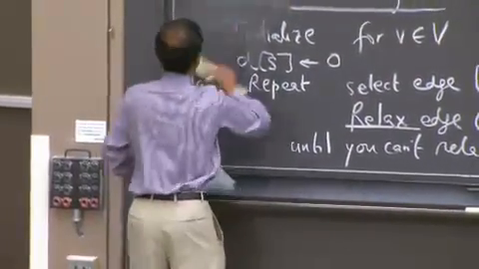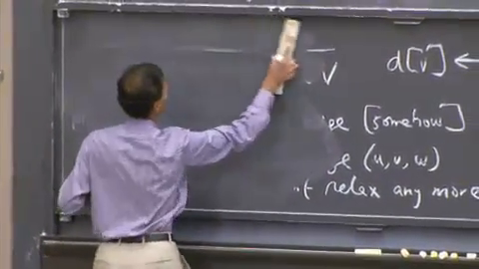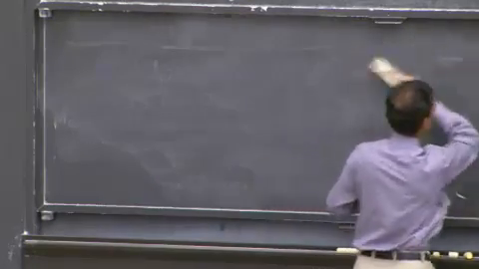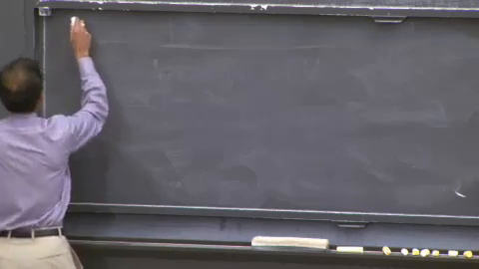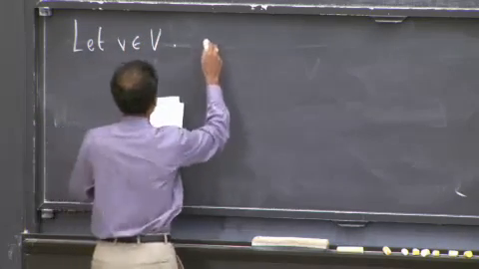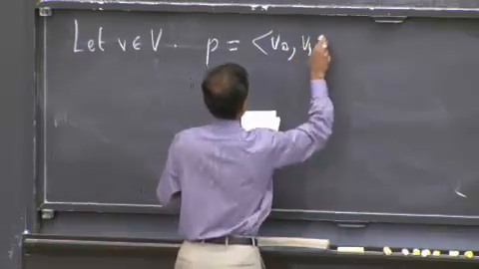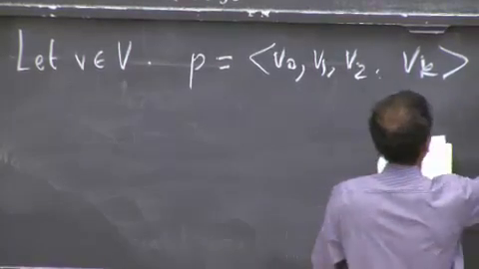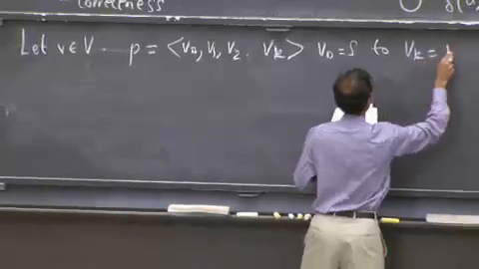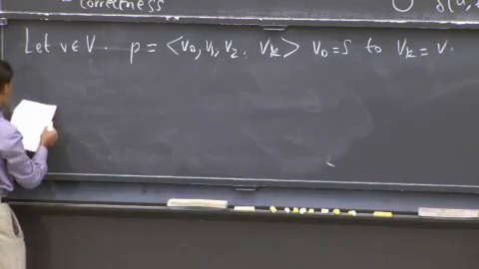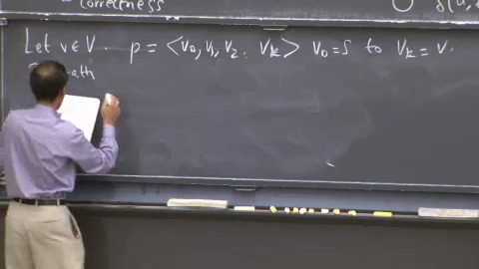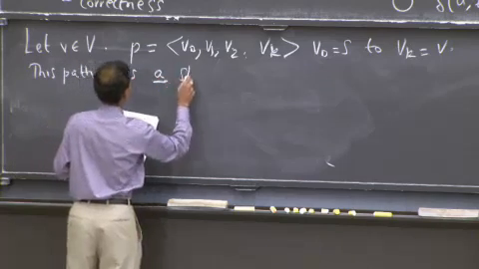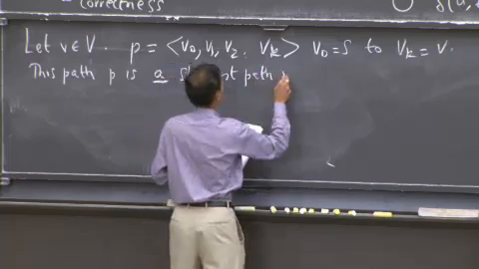And we can prove it using induction. So let V be any vertex, and let's say that we're looking at a path V0, V1, V2 to Vk, from V0 equals S to Vk equals V. And in particular, I'm now going to say that this path P is a shortest path with the minimum number of edges.